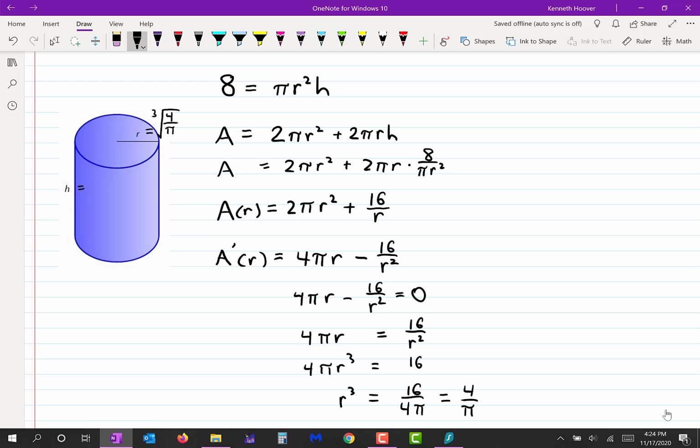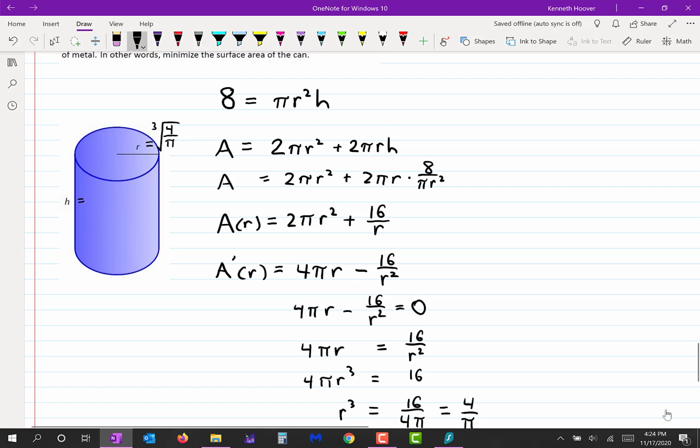Now we need to find the height. Okay, so remember, pi r squared h equals 8. So that means that h equals 8 over pi r squared.